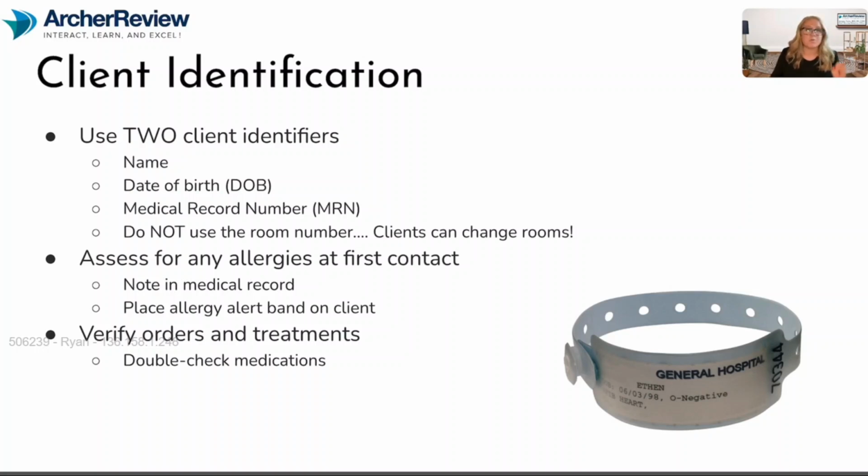Here's a list of appropriate ways to identify your client: their name, their date of birth, their medical record. You should not be using their room number. Clients can change rooms, okay? They might move from room 7B to room 11. And if you use that, then you could be misidentifying your client, okay? So that's a big no no.